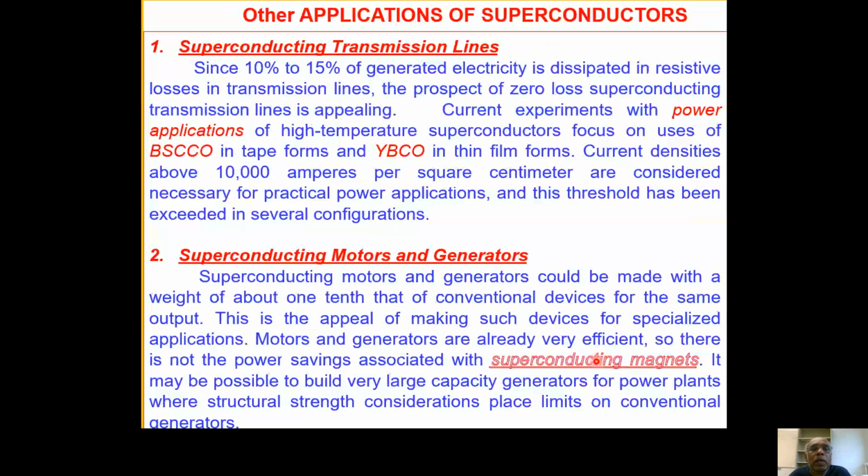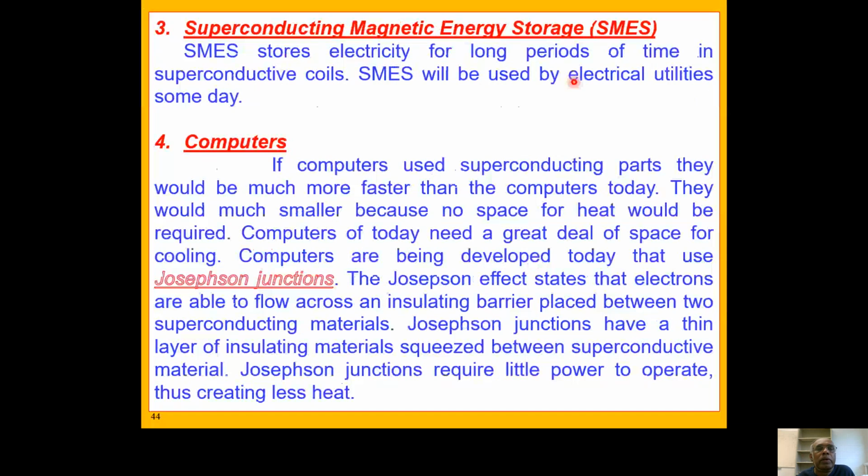Then if you talk about some other superconducting applications, we already talked about superconducting transmission lines. Then you can also make superconducting motors and generators. Then there are also superconducting magnetic storage devices. We know we are in need of many storage devices, right?